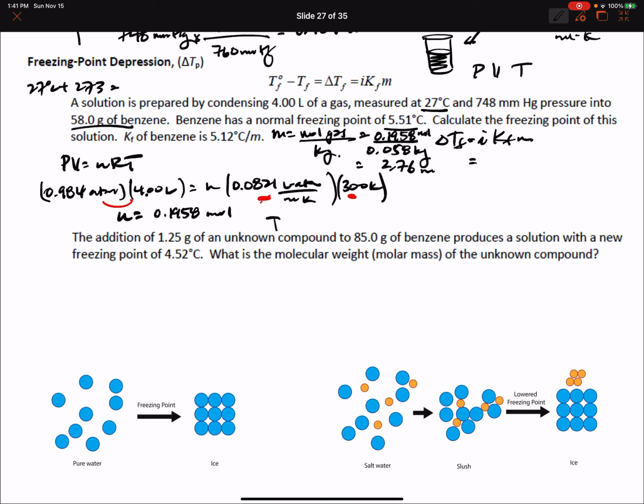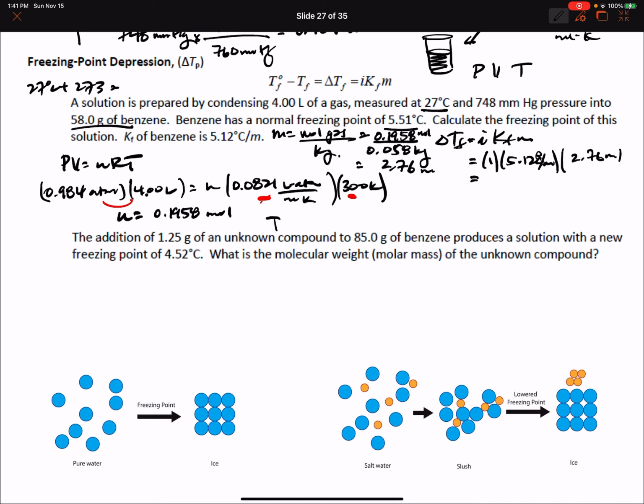So the freezing point depression will be i equals 1, because it's a molecule, although I didn't tell you in this problem. Bad work by me. The freezing point depression constant of benzene is 5.12 degrees C per molal, and the molality is 2.76 molal.